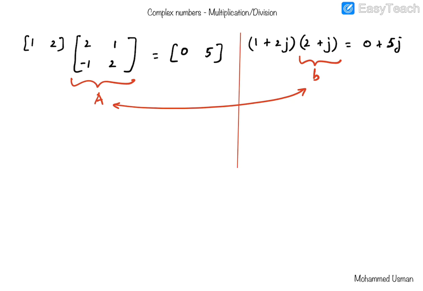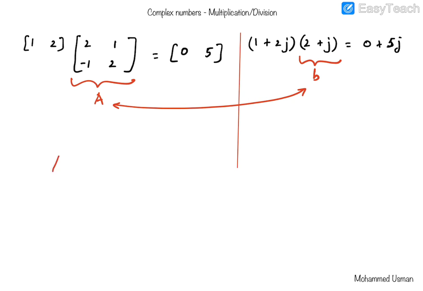So we now see that the linear transformation of scaling and rotation is produced when we multiply a complex number with another complex number, and we have also seen the relationship between the linear transforming matrix A and the complex number B, which produces the same type of scaling and rotation.